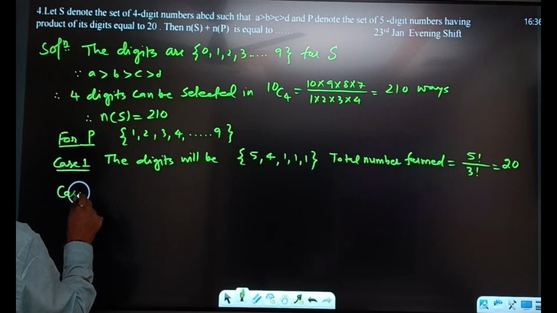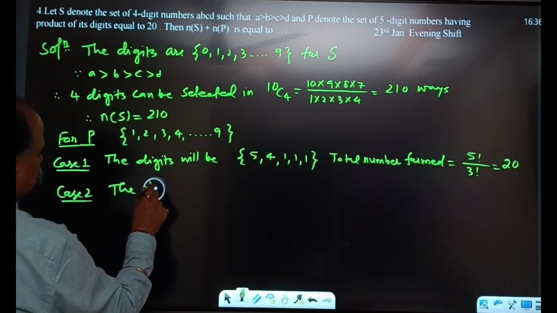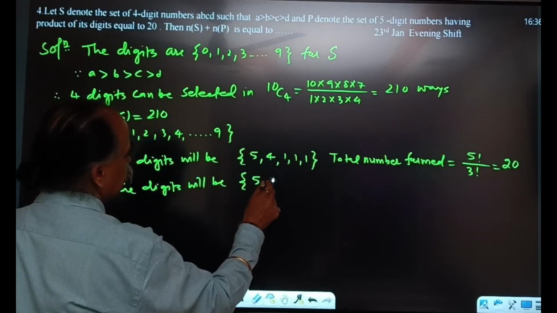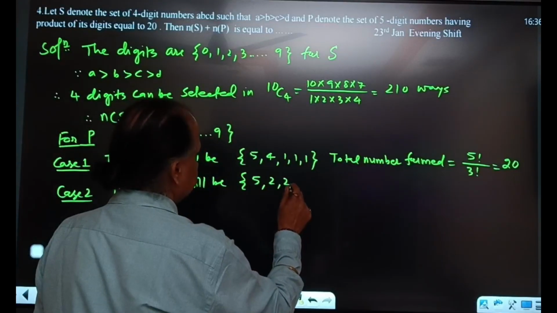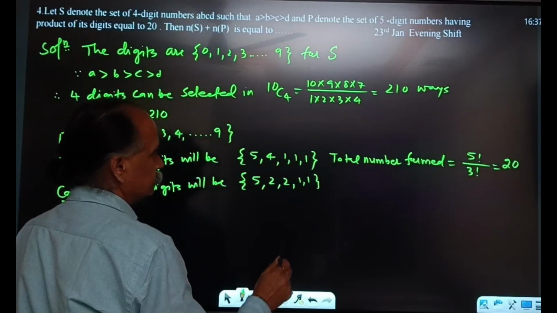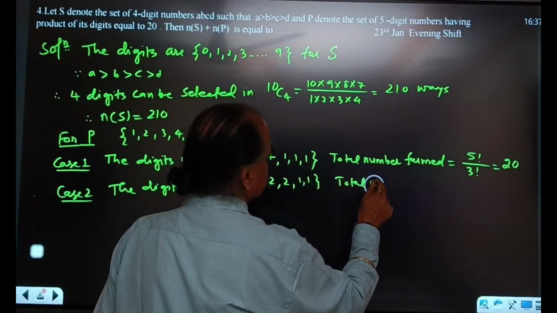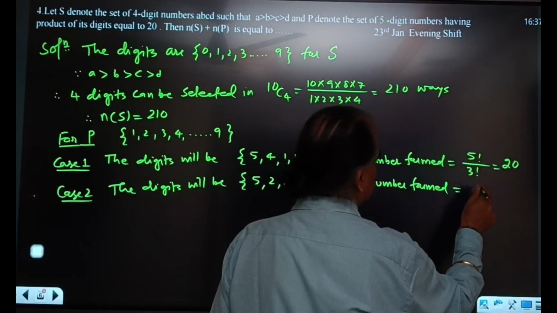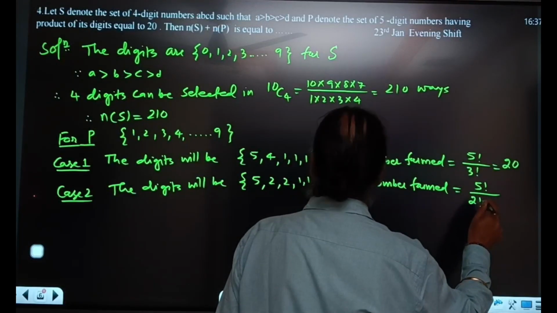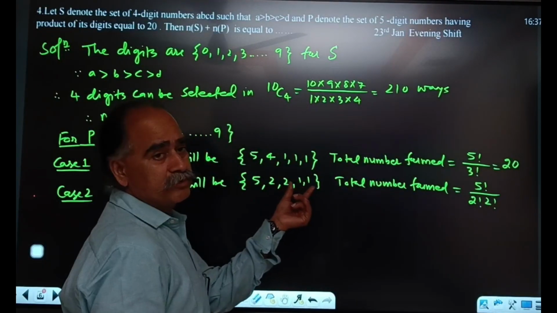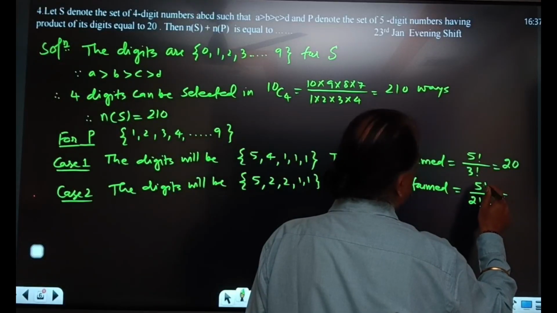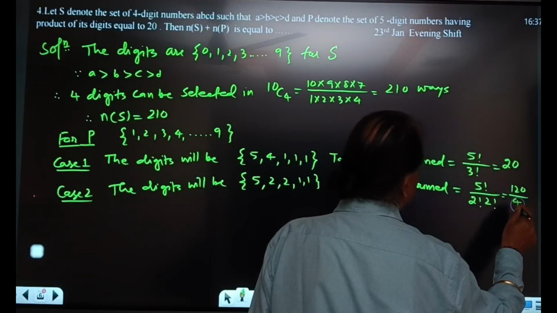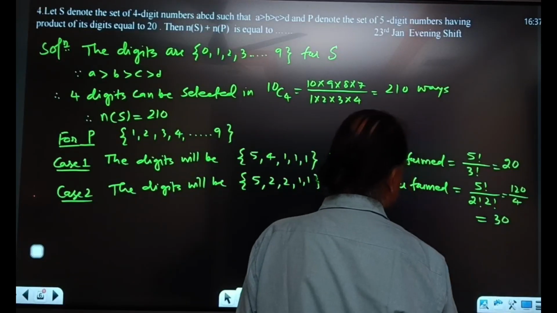Case 2. The digits are 5, 2, 2, 1, 1. Total number formed will be 5 factorial upon 2 factorial into 2 factorial, because 2 is repeating 2 times and 1 is repeating 2 times. 120 divided by 4 is 30.